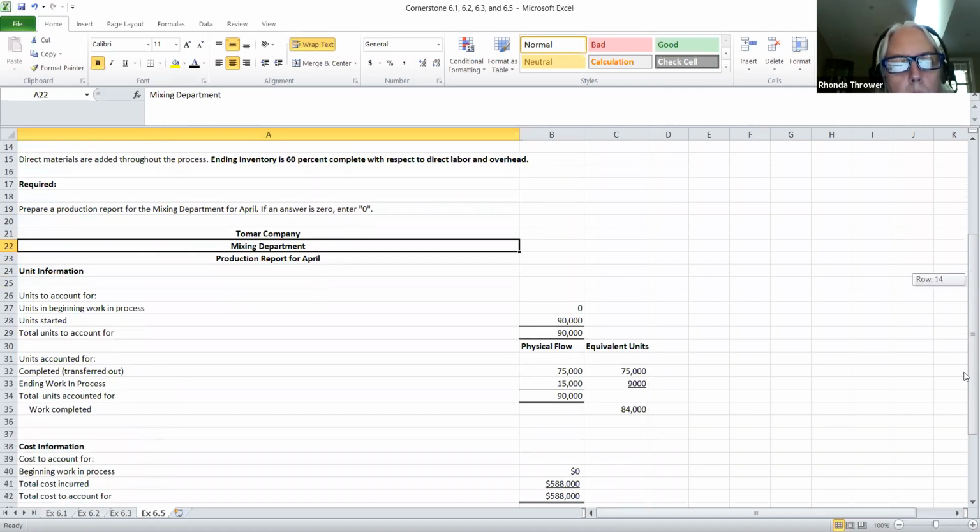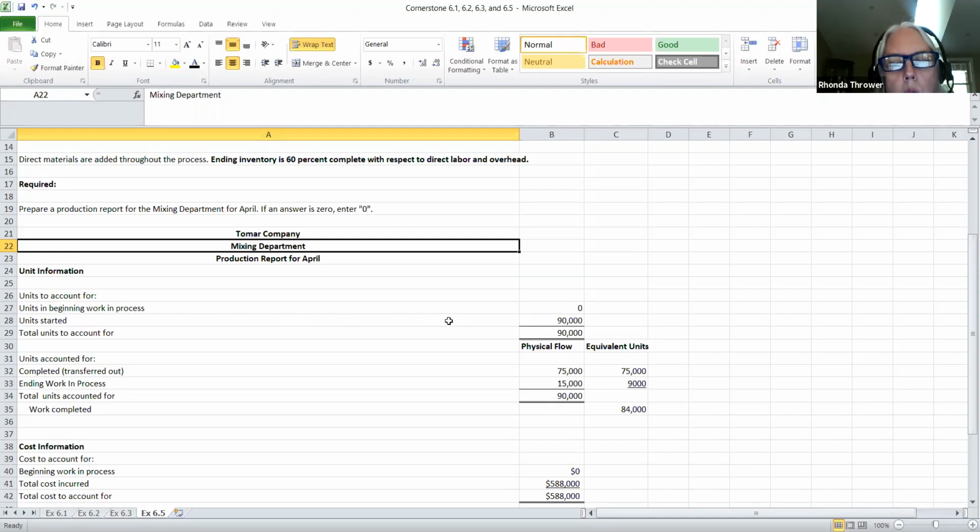In the production report, the top part is broken down into unit information. We're going to start with our units to account for. And those units would start with our beginning inventory. Since we had no beginning inventory in this problem, the number of units would be 0 in beginning inventory.